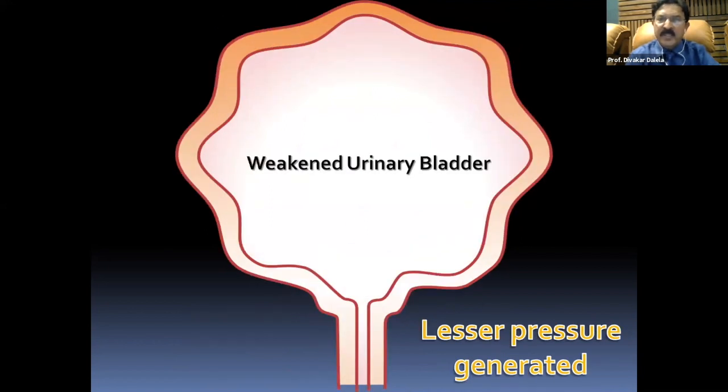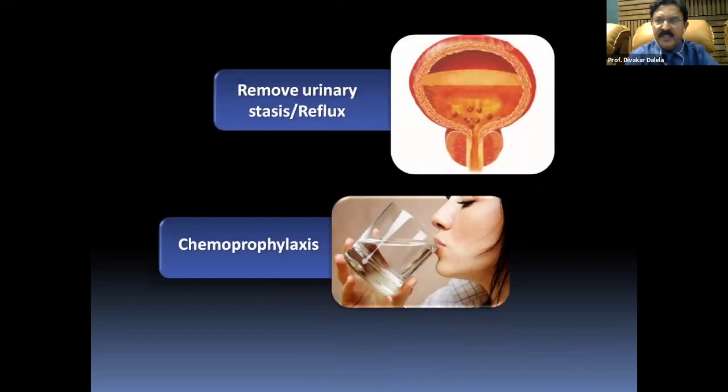There is a group of patients, ladies, where because of age or diabetes or any neurological condition, the urinary bladder musculature becomes weak and cannot generate enough pressure to empty the bladder completely. The consequence of both a greater outlet resistance or a weakened pressure by the detrusor muscle is that you can get residual urine in the urinary bladder and you can get infection.